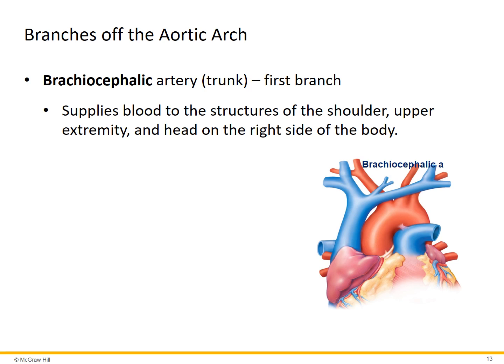Now, this is a little different from the models we have in the lab because you can see that the brachiocephalic artery does branch. We'll go over that this week in class. Our heart models cut off there, where this branching point exists, like this little Y, that gives rise to the right common carotid artery and the right subclavian artery.